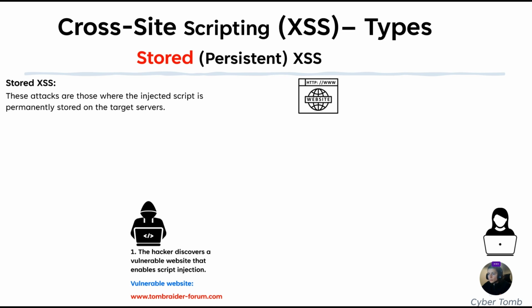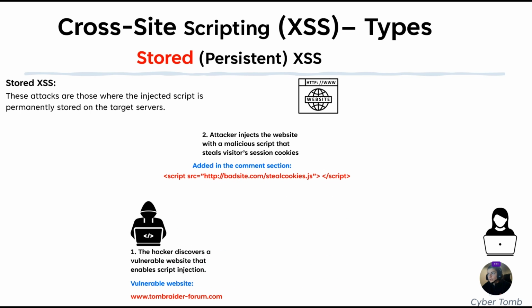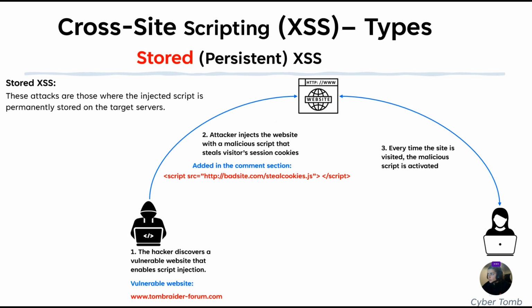Same site, Tomb Raider forum. The attacker injects the website with a malicious script that steals visitor session cookies. This is the same payload. You can see the stealcookie.js JavaScript payload is hosted on the hacker server. And now, every time the site is visited, the malicious script is activated.